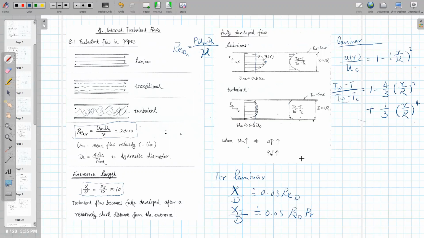Usually speaking, when flow becomes turbulent, it means that you increase the Reynolds number, for example by increasing the mean velocity.